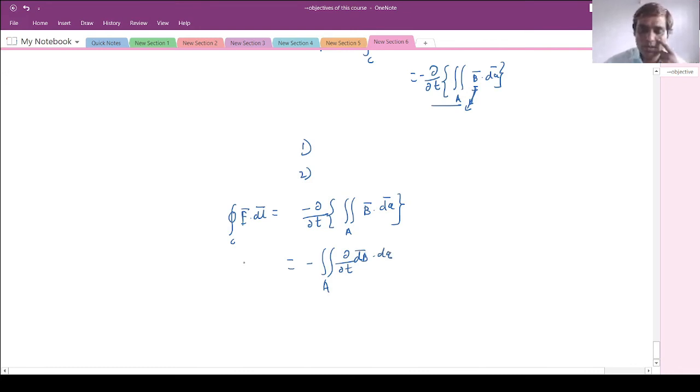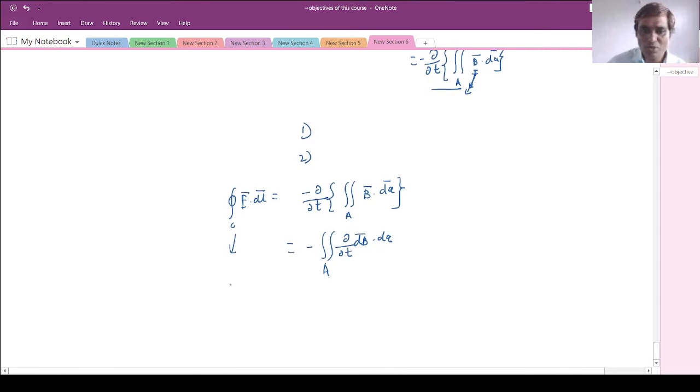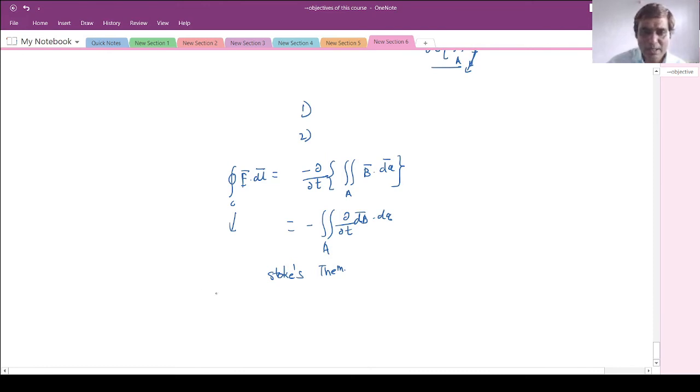Now I observe that there is an incompatibility, so I can convert this contour integral into a surface integral using Stokes theorem. We know Stokes theorem is used to convert the contour integral into a double integral, and that is represented with the curl operator, which is the reason we reviewed the curl operator.